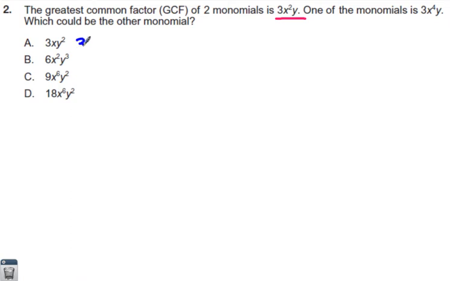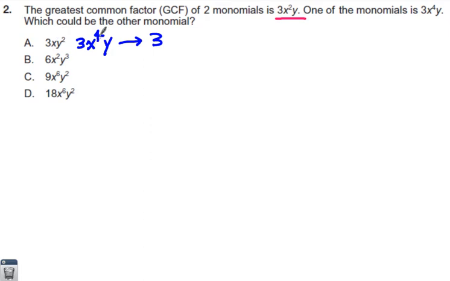So 3x to the 4th y. What would the GCF be of this one and this one? So the GCF of 3 and 3 is 3. The GCF of x to the 1st and x to the fourth.